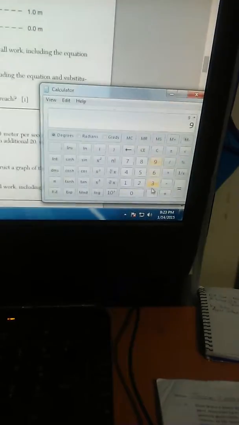So let me do that in the calculator. 9 times 9.81 is 88.3, around that. So PE equals 88.3.